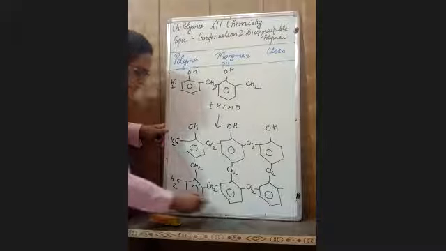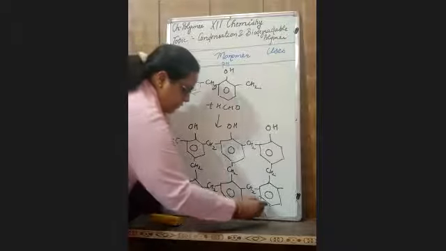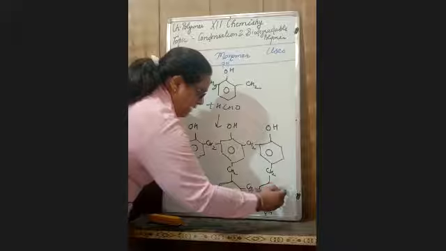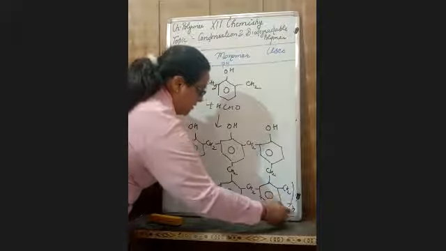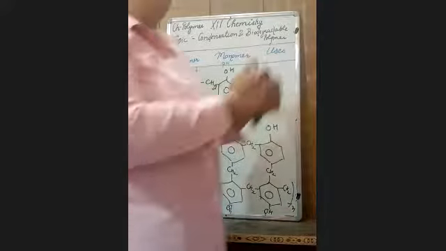This is the simplest way of drawing your Novolac structure. It is phenol formaldehyde resin. That is your Bakelite. You can stop your reaction up to this point. It is Novolac. Novolac then on again heating with formaldehyde undergoes cross-linking to form a three-dimensional infusible mass known as Bakelite.